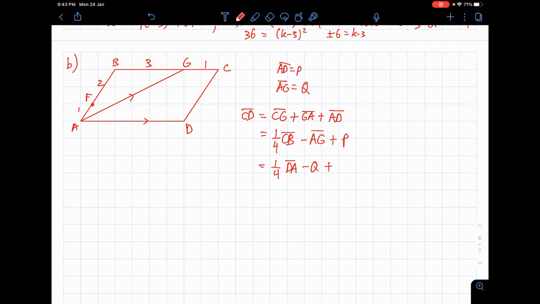This one I meant to write P. And the last thing is DA, which is actually negative AD. AD itself is P. So I got negative P over 4 minus Q plus P. I got 3/4 P minus Q. Done.